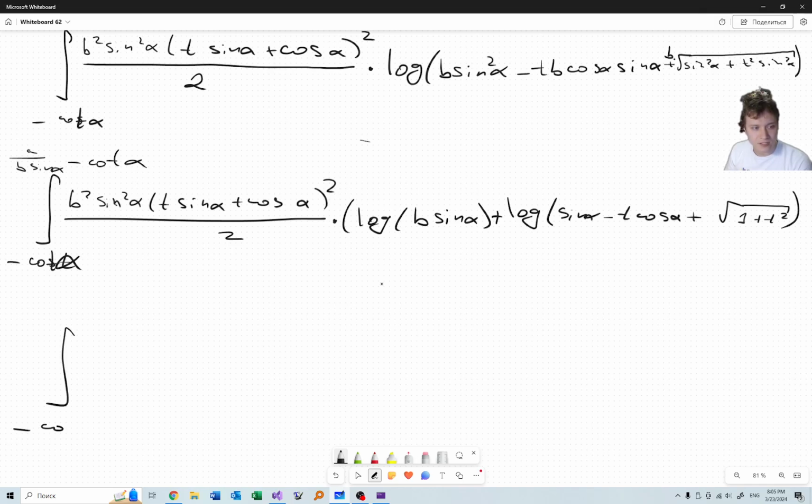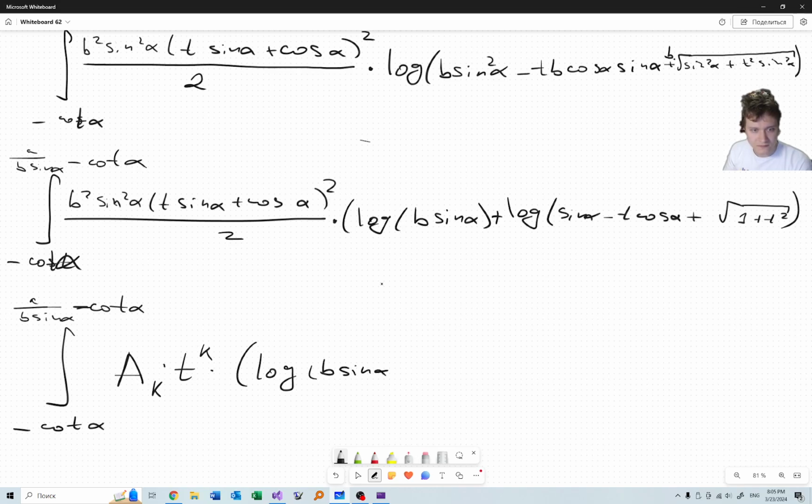Integral from minus cotangent alpha to a over b sine alpha minus cotangent alpha of a_k t to the power of k times this thing: logarithm of b sine alpha plus logarithm of sine alpha minus t cosine alpha plus square root of 1 plus t squared.